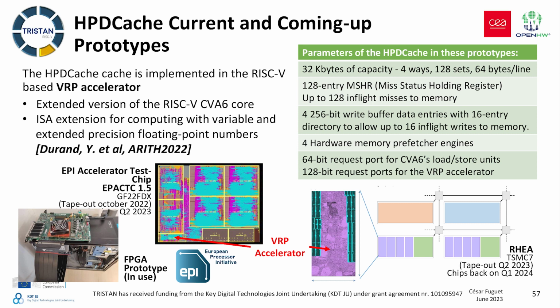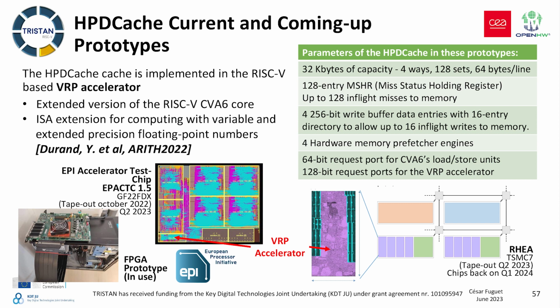We forked from the CVA6 core and added a custom instruction set to do computation on variable precision floating point numbers, with a mantissa from 32 bits to 512 bits in steps of 8 bits. It's for some kind of HPC application. We have a publication on that subject, so if you're interested, you can go there.